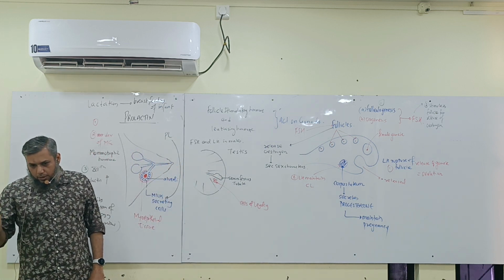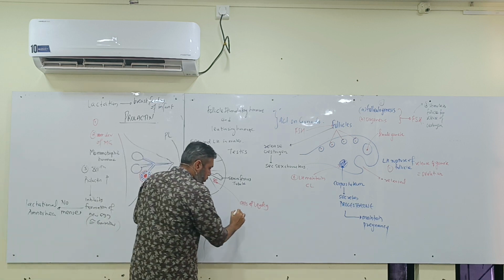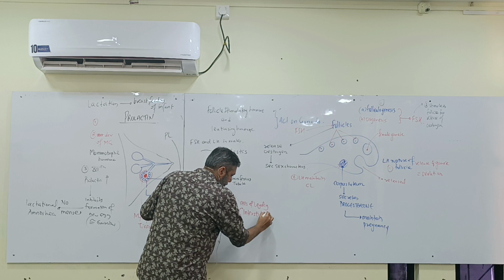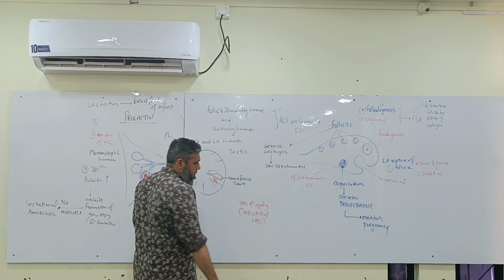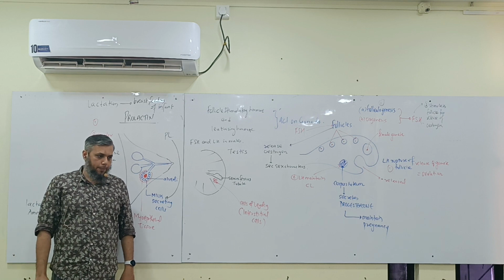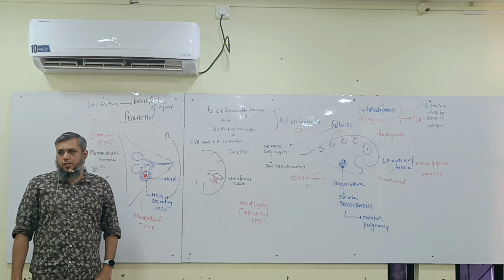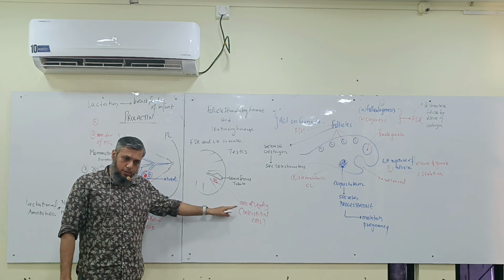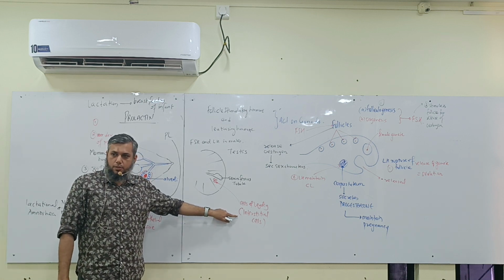Cells of Leydig, also known as interstitial cells. What are the cells called? The other name of the cells is cells of Leydig or interstitial cells.